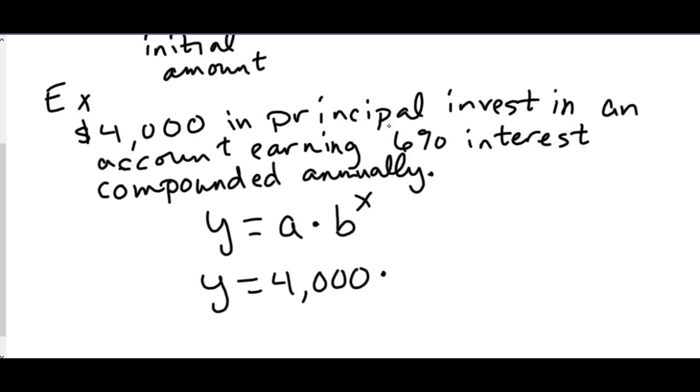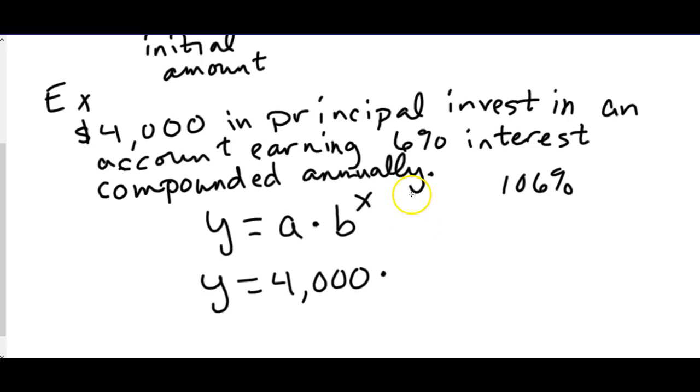But we already have an initial amount. We have 4,000. We're going to consider that 100%. So we want 100%, and then on top of that, we want the extra 6%. So really, we're going to be doing 106%.